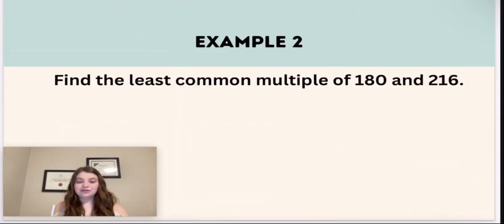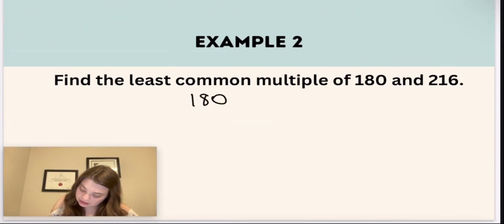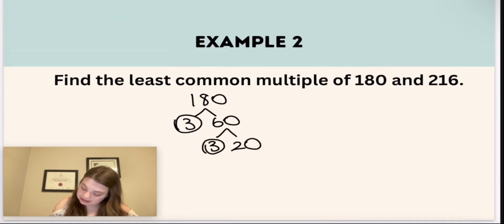Okay, next let's find the least common multiple of 180 and 216. So it's the same method one more time. Feel free to pause this and try it yourself first if you'd like, or feel free to just continue watching if you want as well. So let's start with 180's factor tree. We know that 3 times 60 is 180, and 3 is prime. 20 times 3 is also going to be 60.